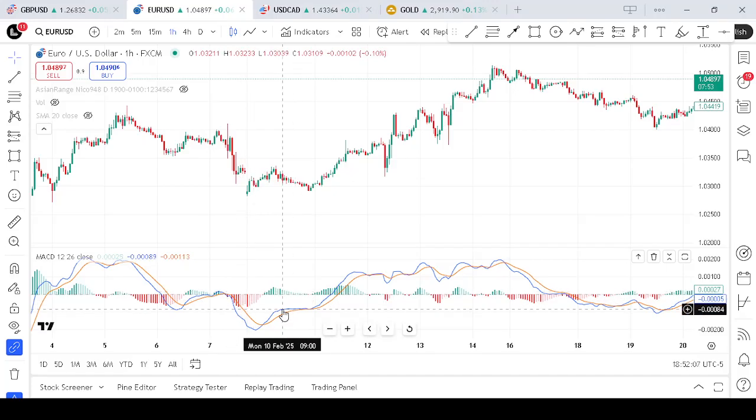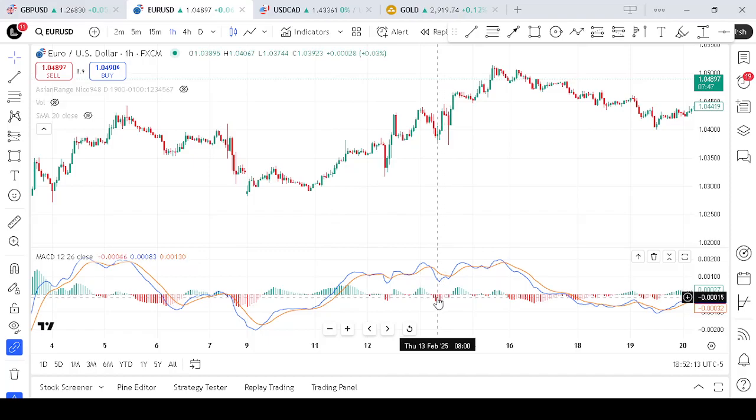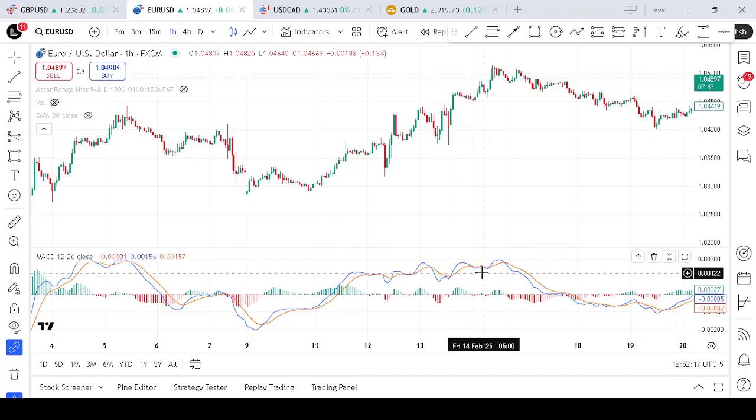The histogram represents the distance between the MACD line and the signal line, providing a visual representation of the momentum changes. Understand that this component is crucial for identifying breakouts.